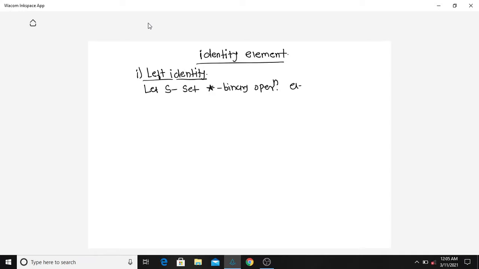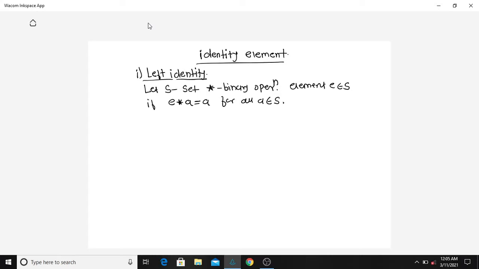Then an element E of this set is called left identity if E star A gives you A for all elements that belong to the set S.